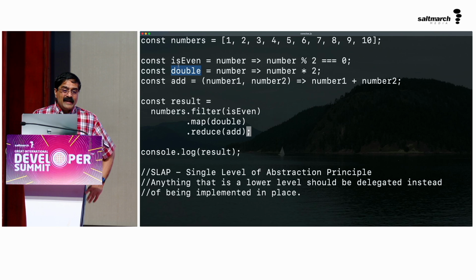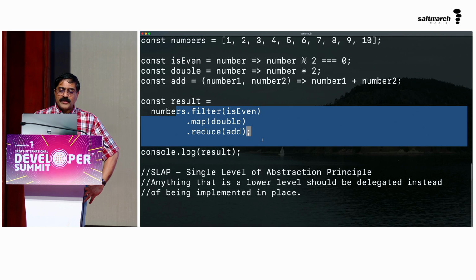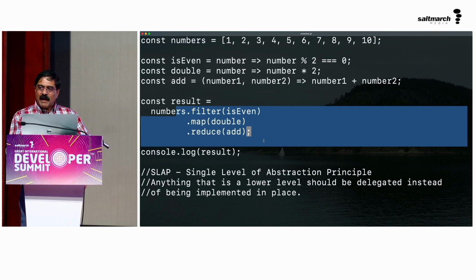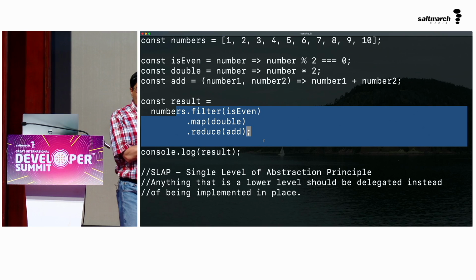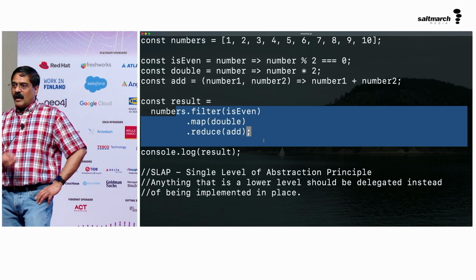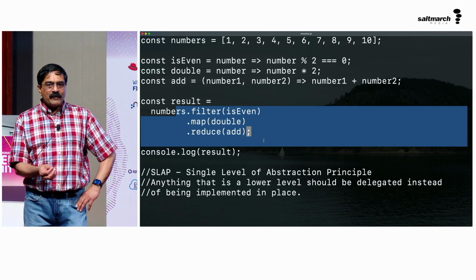You can unit test these functions separately if they are important to be unit tested. But when you come to this code, what does it do? Oh, filter out even numbers, map to double of the values, and total it, right? So it became easy to read, and you're not spending time understanding what those steps are.